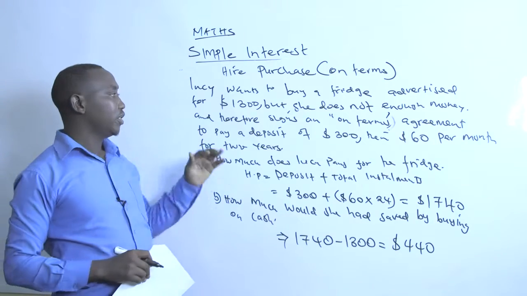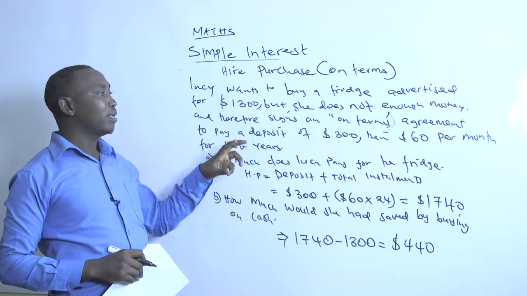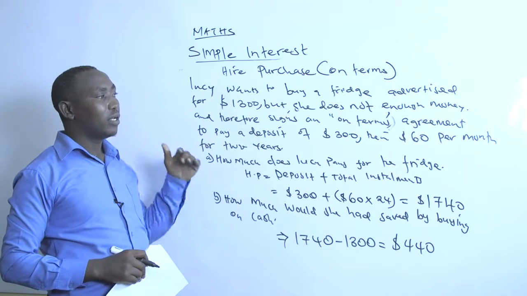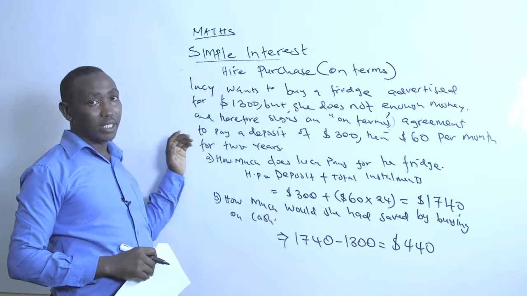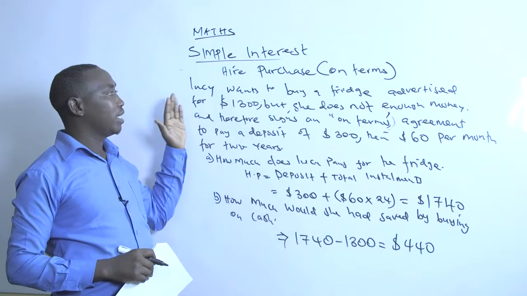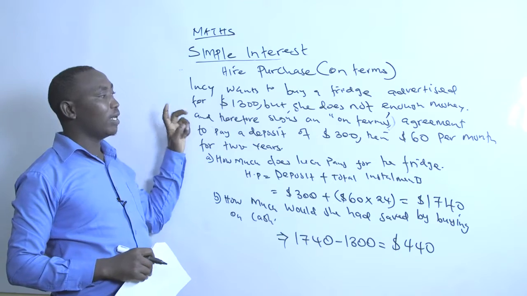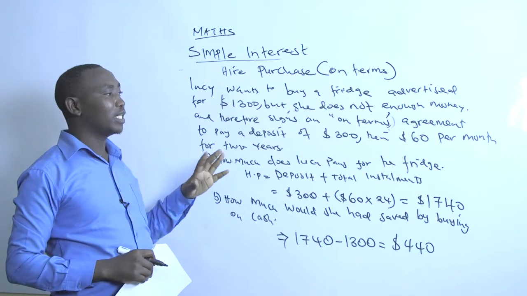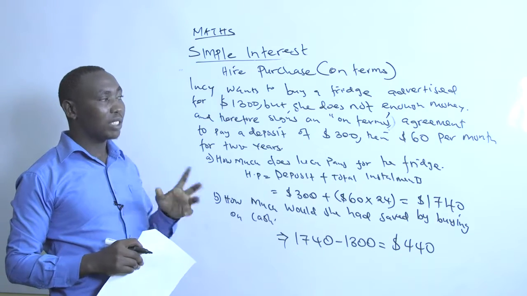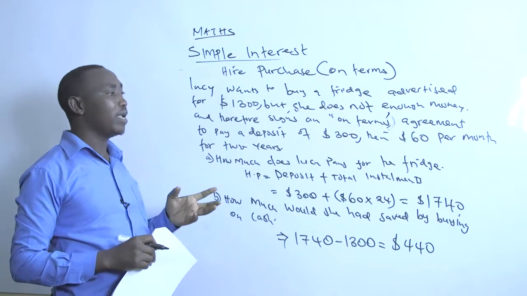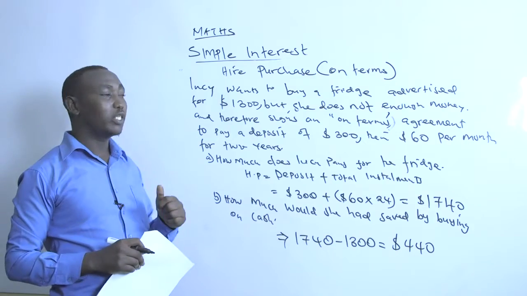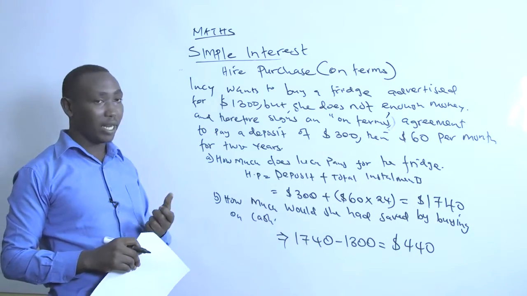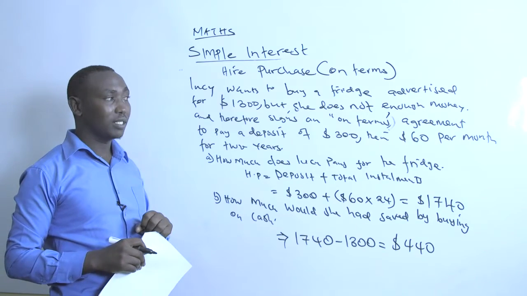There are some cases where you sign an agreement with the seller and you do not work up to it. For example, in this case, if Lucy had signed this agreement with the seller, then discovers that after some particular months, let's say 5 months, she's not able to pay the $60 as it had been agreed. What will happen, for instance?